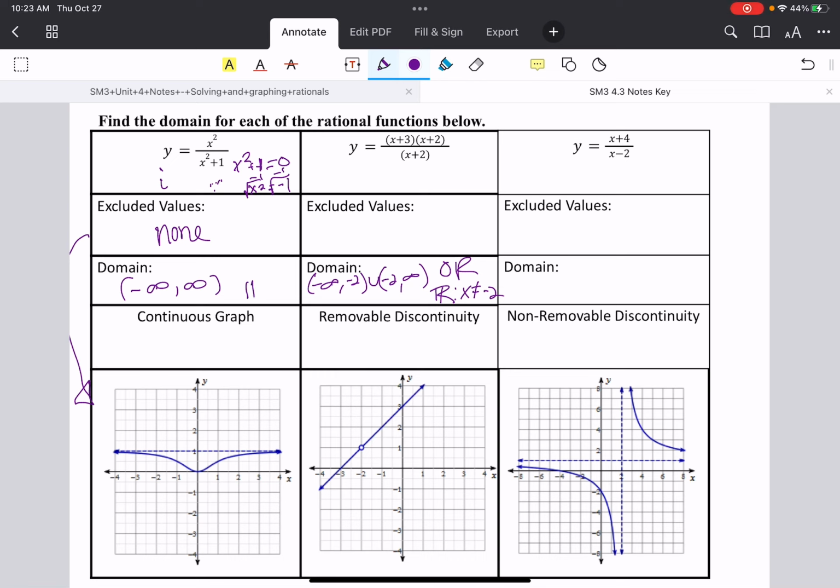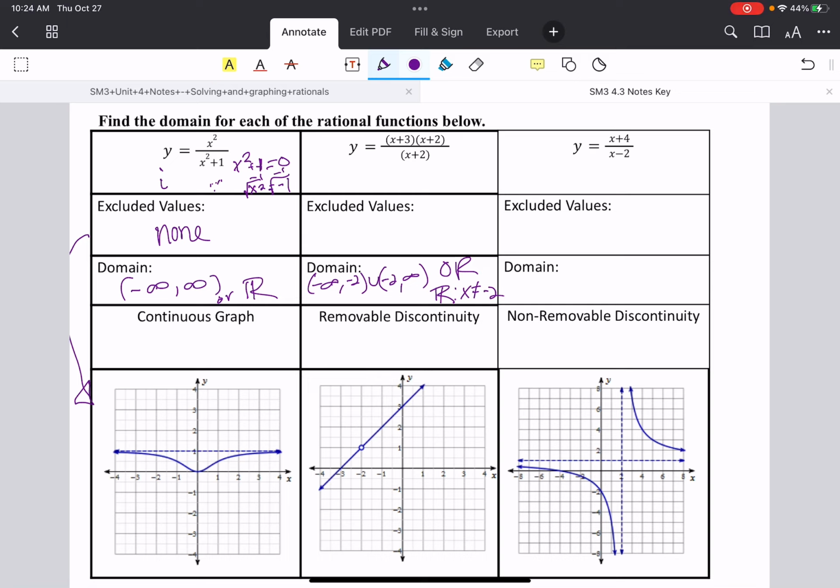That's probably something you saw last year, right? That was a lot faster to write than negative infinity to infinity. That's a symbol for all real numbers.